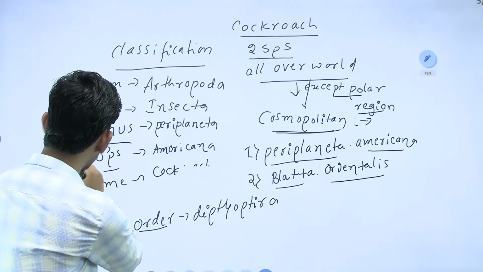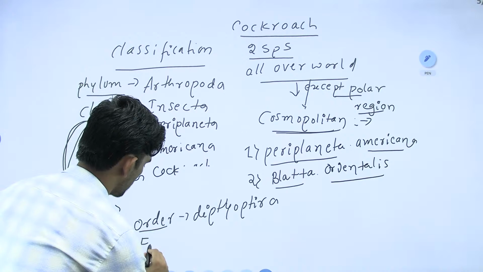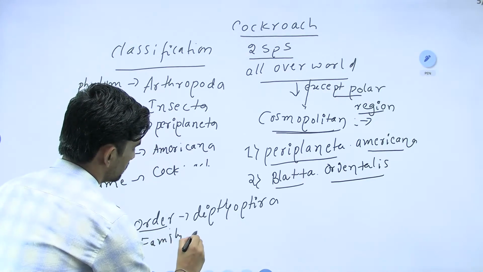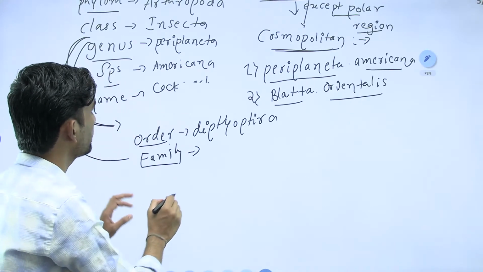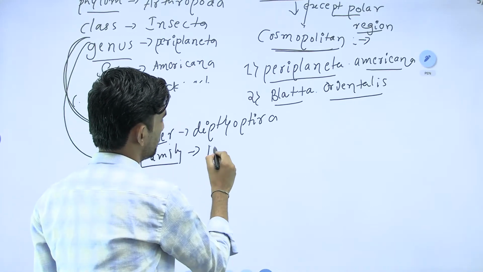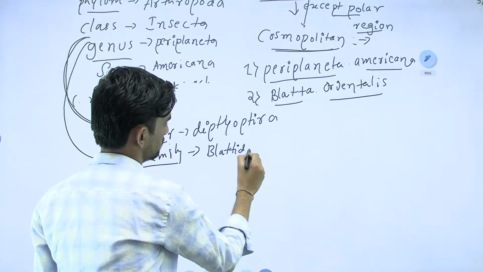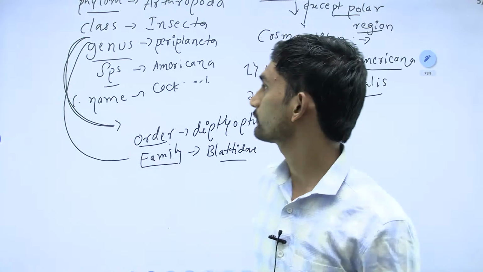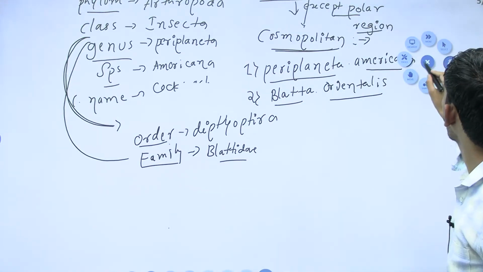After this order you have to remember family also, for extra information. Family we can call Blattidae. That I have not mentioned here.